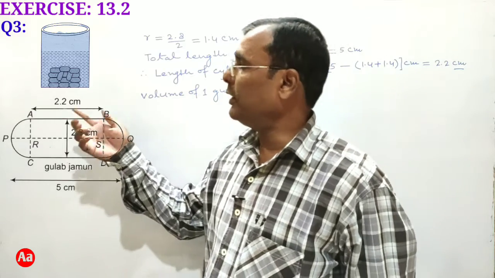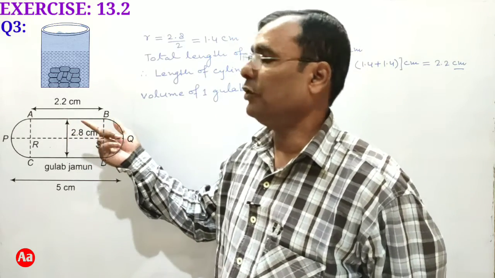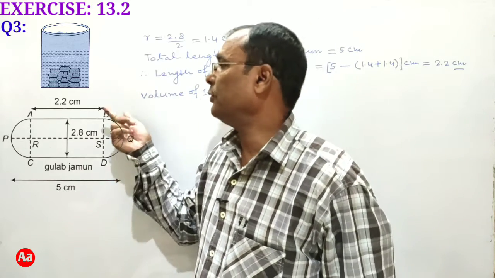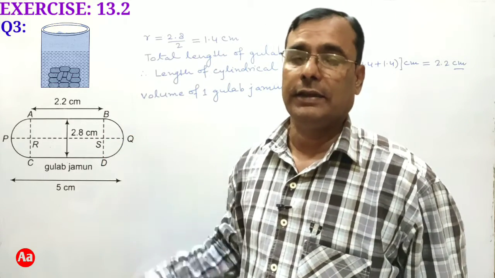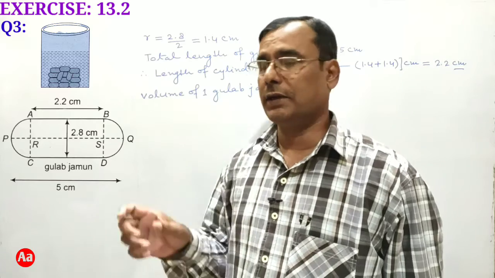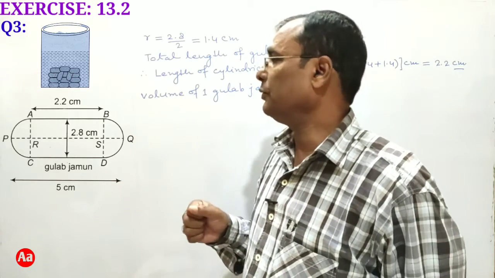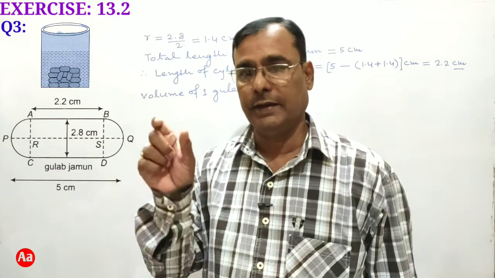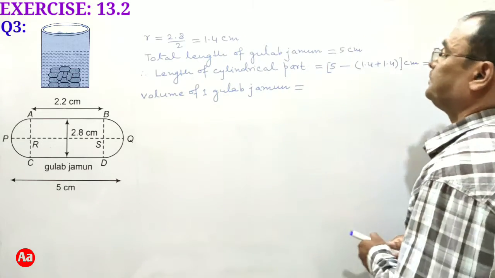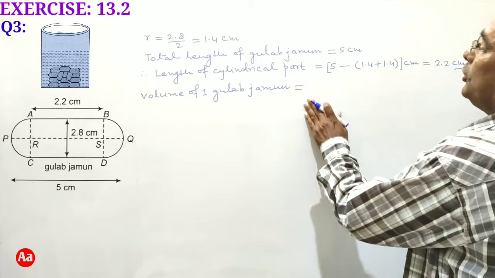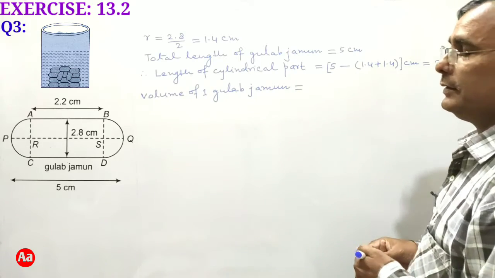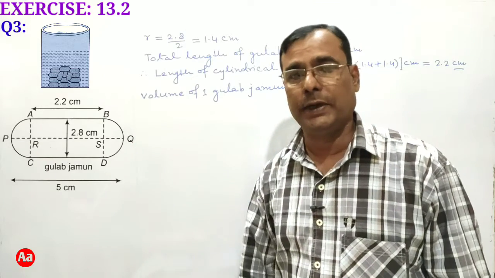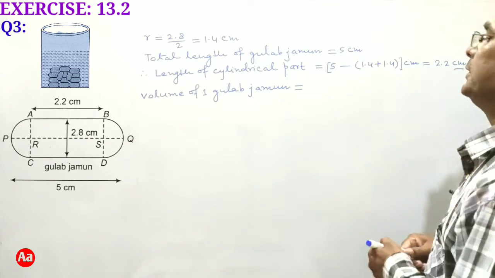So volume of one hemispherical end plus volume of middle cylindrical part of the gulab jamun plus volume of the second hemispherical end. So we are going to write volume of one gulab jamun in the form of hemisphere plus cylinder plus hemisphere. Meaning is volume of two hemispherical ends of the gulab jamun plus volume of cylindrical part of the gulab jamun.